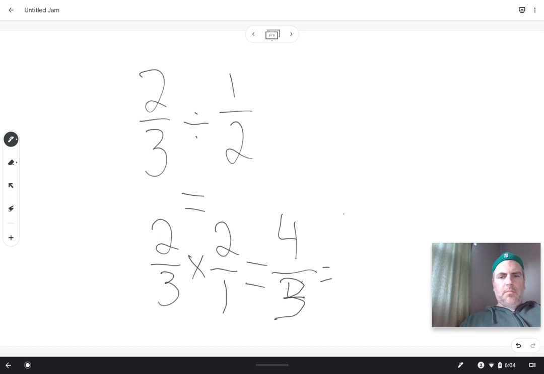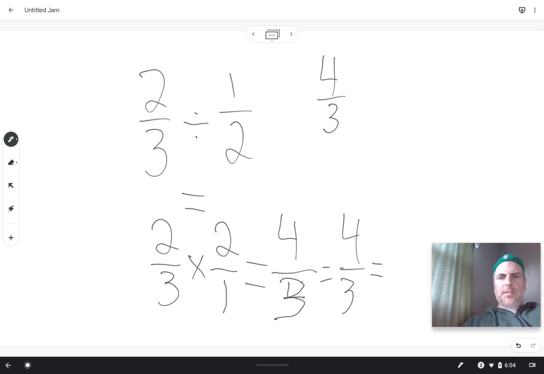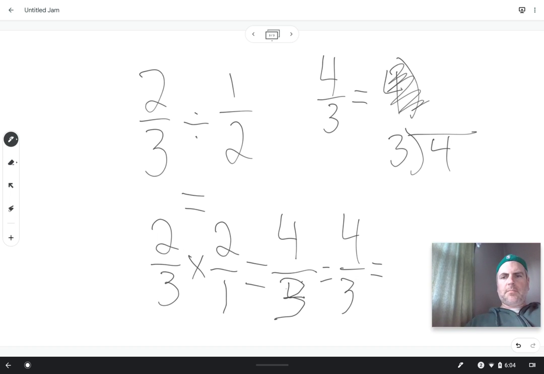I'm going to rewrite that, make it neater. 4/3. And remember, this is 4 divided by 3. 4/3 equals 4 divided by 3.